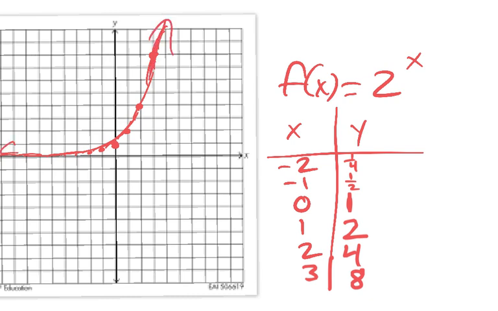And then we talked about it got really, really close to this line, but it didn't cross this line. What do we call that? The asymptote. It has an asymptote at y equals 0. Remember that?